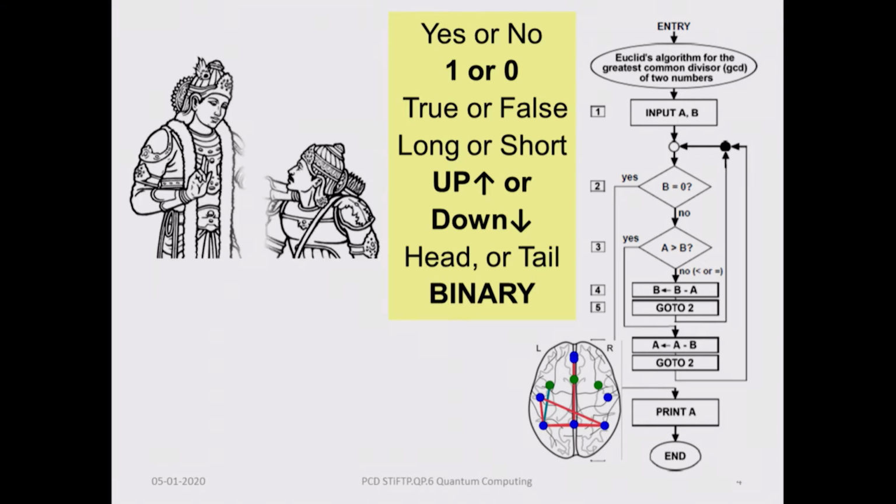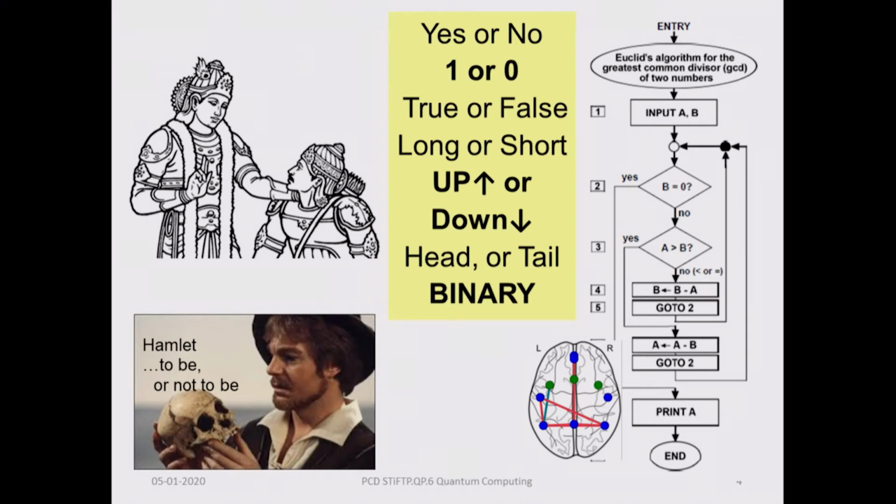Or it could be Hamlet's question, to be or not to be. Okay? Any of these questions boil down to an analysis based on 1 or 0, which is why the Boolean algebra, Shannon's work and so on become so important, that anything can be done using 1 and 0.